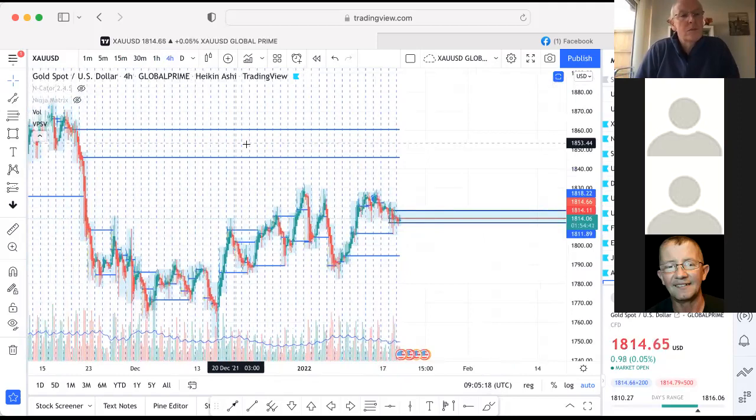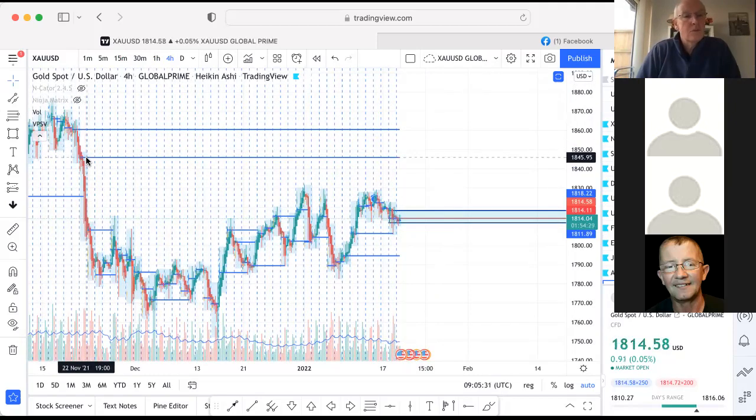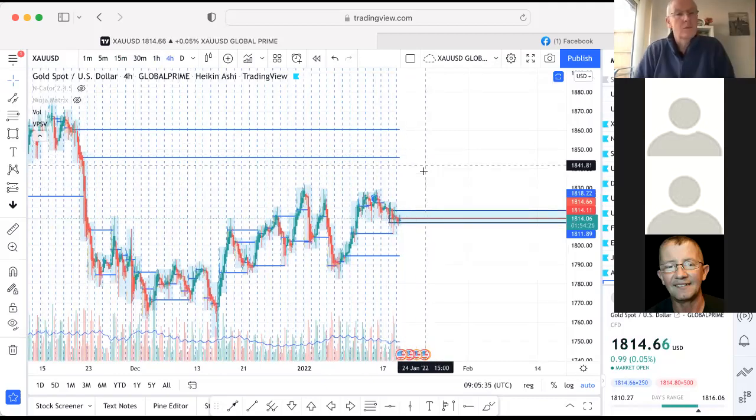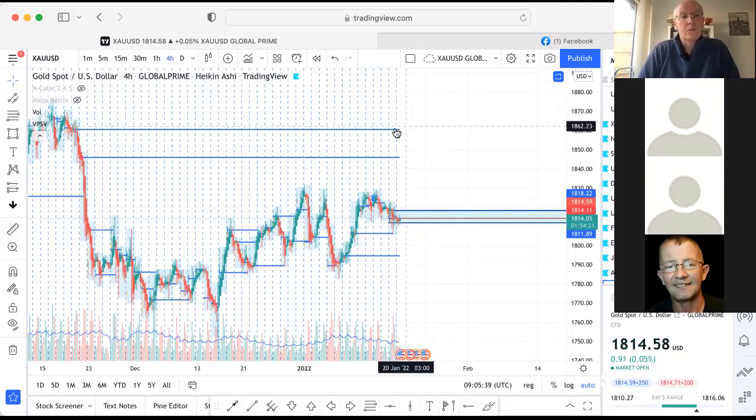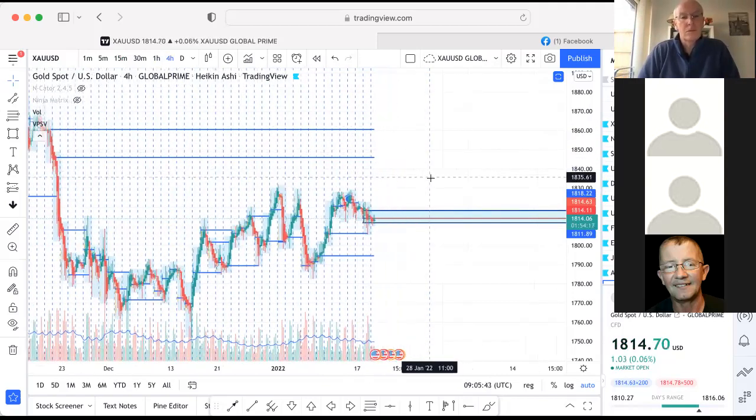Look, there are some lines above the field of play, and these are going back to, that one is going back to the 18th of November, and this one is going back to the 22nd of November. So same applies. The banks have left some money on the table here and there, and sooner or later, they're going to go back and pick it up.